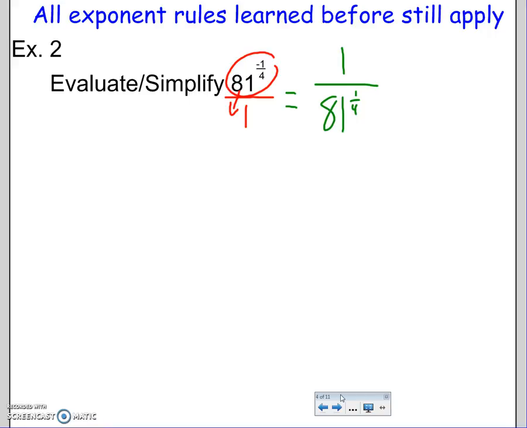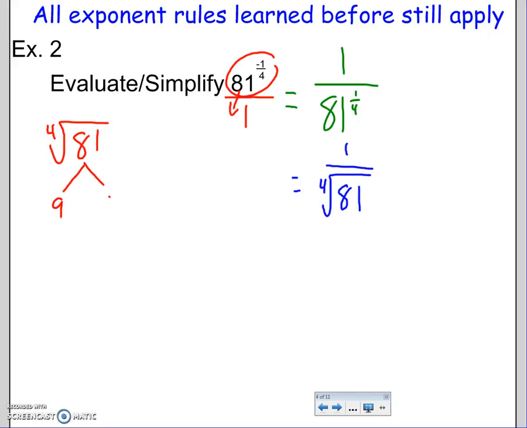Now, 81 to the 1/4, let me rewrite that as the 4th root of 81. And there's the 1st power if you want, but we don't need it. Now, the 4th root of 81, hopefully you all remembered, so I'll move this aside. We break it down with the factor tree. I'm using no calculator here.